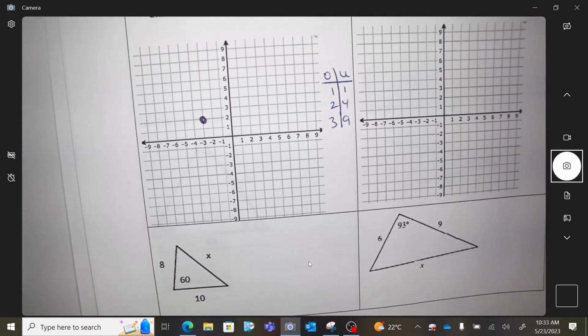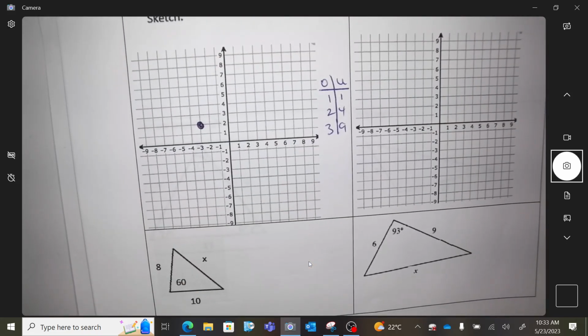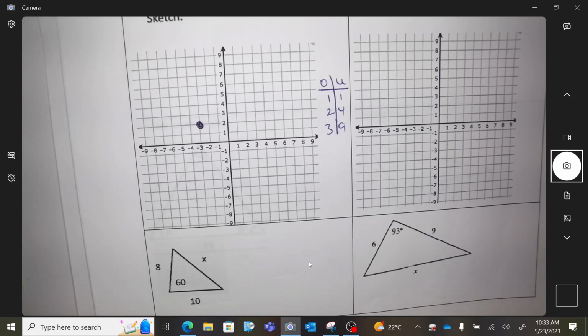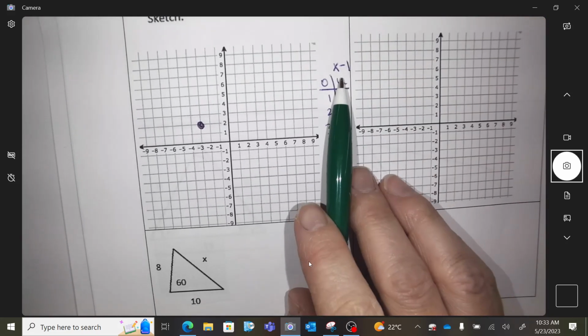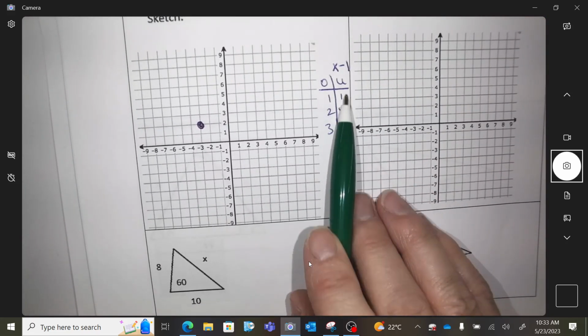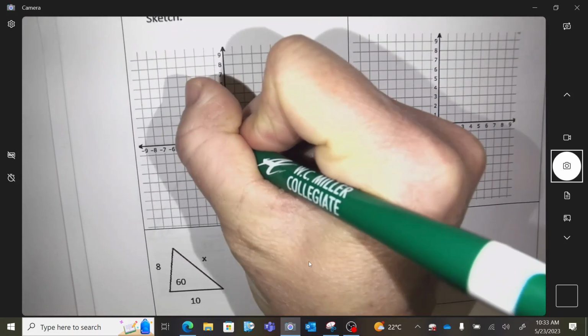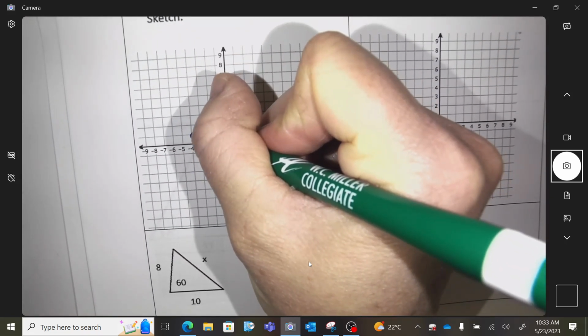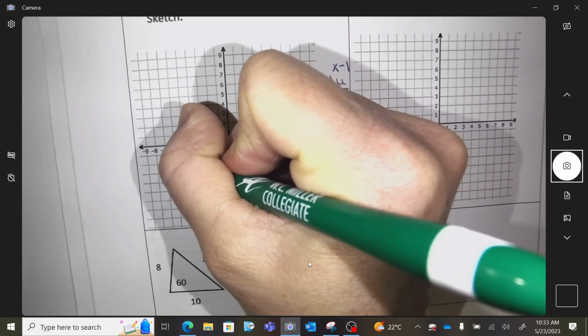Okay, so here's my vertex, negative 3, 2. Over, up, I already put that on my paper somewhere on the side, just the 1, 1, 2, 4, 3, 9. But we are going to have to times by negative 1, times this by the slope.